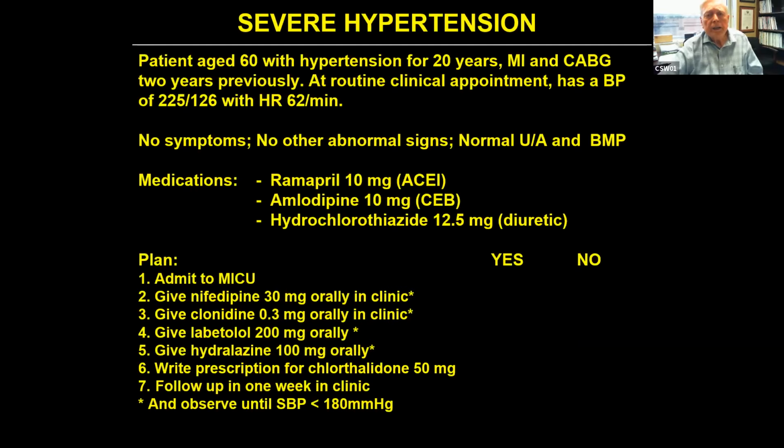Okay, so here's a case of severe hypertension. A patient age 60 with hypertension for 20 years, past history of a myocardial infarction and a CABG 2 years previously. At a routine clinical appointment, his blood pressure was 225 over 126 with a heart rate of 62 beats per minute.